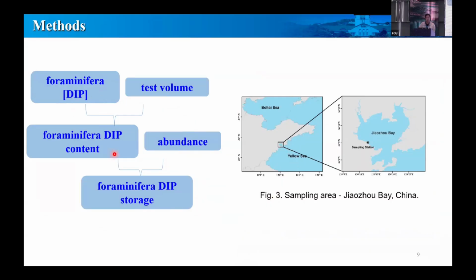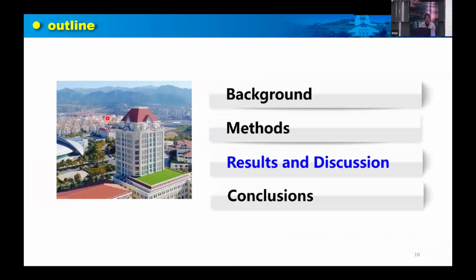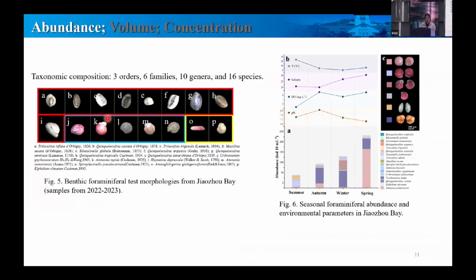One sample was to determine the abundance and the test volume. One sample was to determine the foraminifera DIP concentration, and the last sample was to determine the pore water DIP storage. So let's move on to the results and discussion.